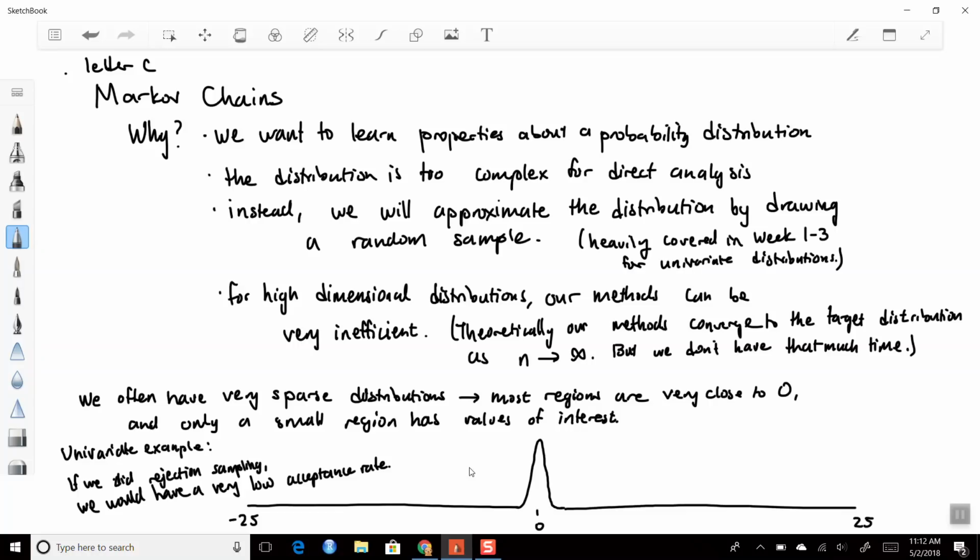And so Markov chain Monte Carlo will give us a more efficient sampling scheme, an efficient way to sample.